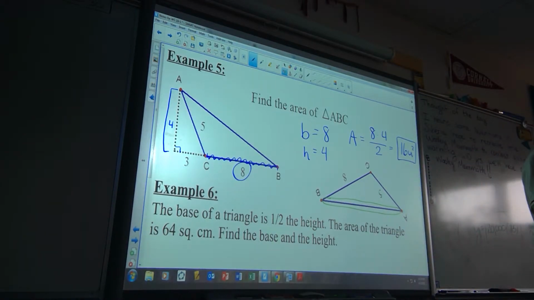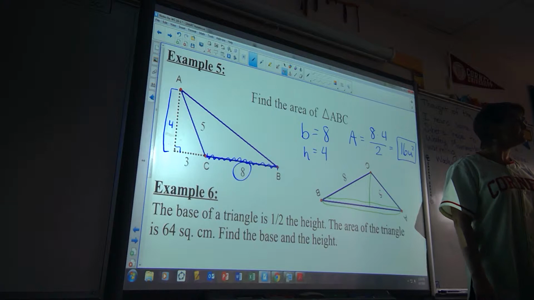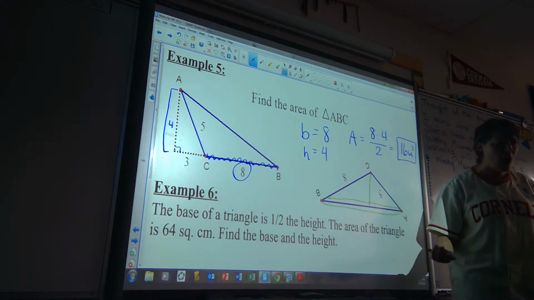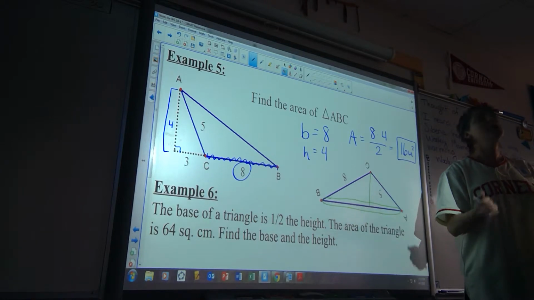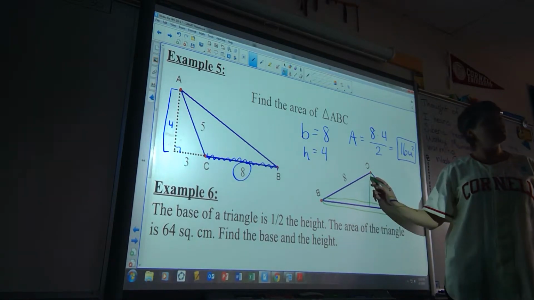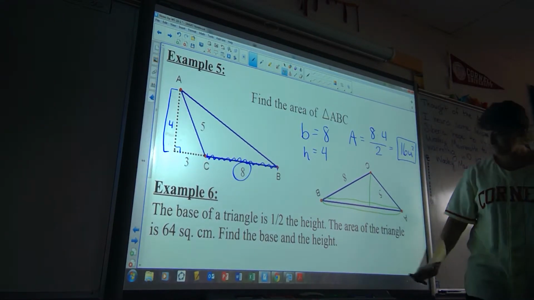We like it when our bases are horizontal. Our brain just finds that normal. But I don't have the height in that situation. So if you find yourself looking at the picture and going, I don't have the 2 things I need, consider rotating it. And maybe the 8's supposed to be your base, or maybe the 5 is supposed to be your base.